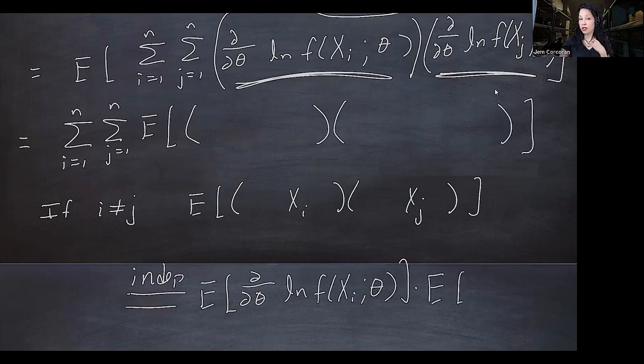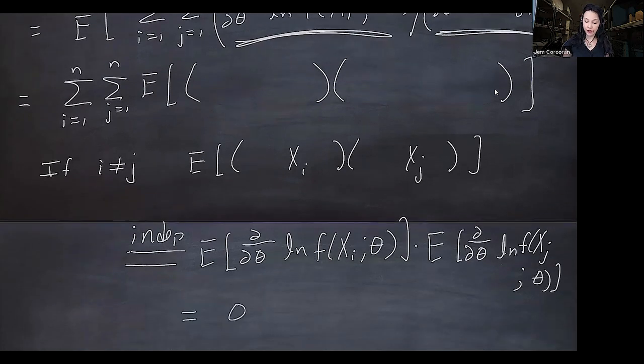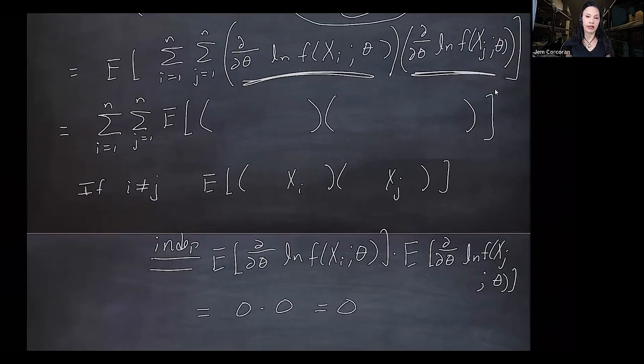And each of those is the expectation of the score function. By computational simplification number 0, both of those are 0. So a whole lot of terms in this double sum are 0 every time i is not equal to j. Does that make sense? Was I too sloppy on that one?